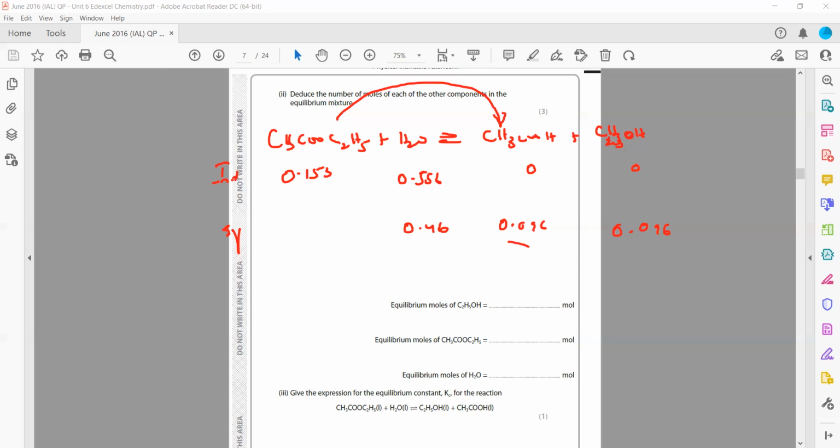So the number of moles left is 0.153 minus 0.096, which equals 0.057. So these are the moles of reactants and products at equilibrium. And using the moles, give the expression for Kc. Kc is products divided by reactants, and this is a homogeneous equilibrium. Homogeneous means they all have the same state.